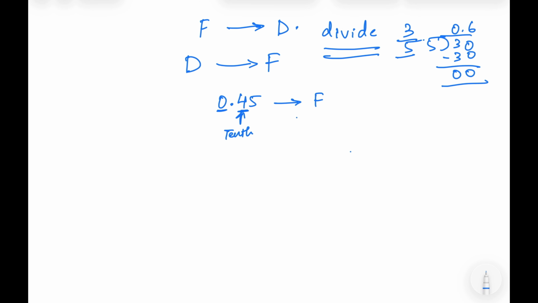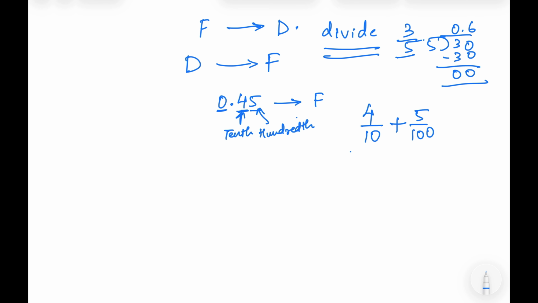This is tenth and this is hundredth, right? So we have two numbers after the decimal point. One is the tenth and the other one is the hundredth. So tenth means divide by 10, as I told you. So the place value of this is 4 upon 10 plus the place value of this is 5 upon 100.